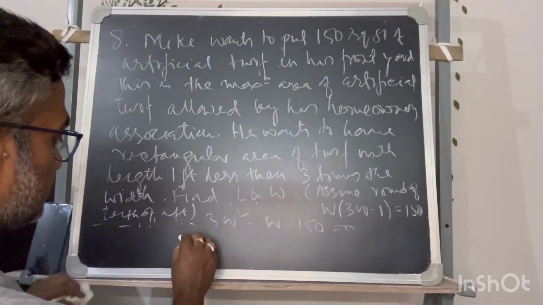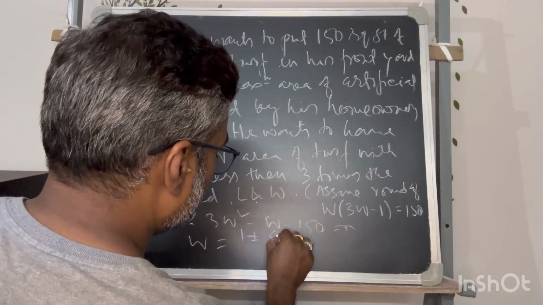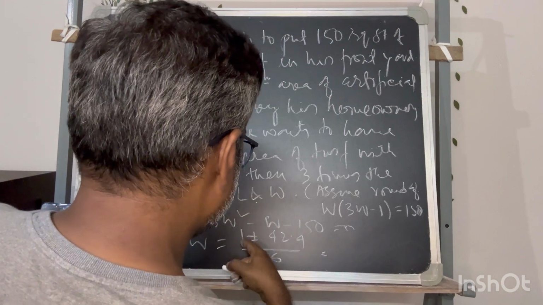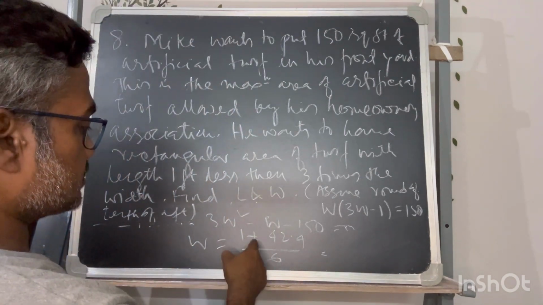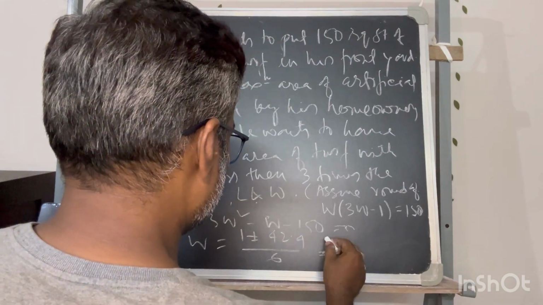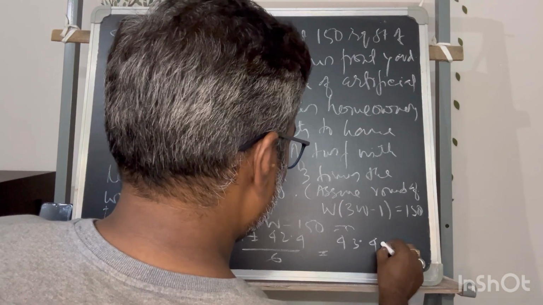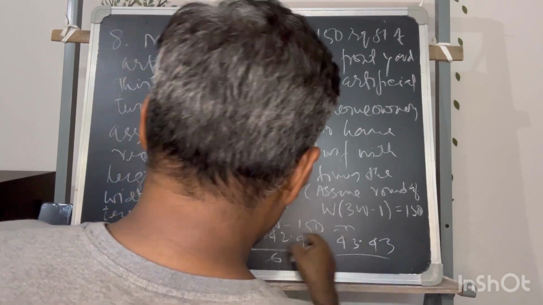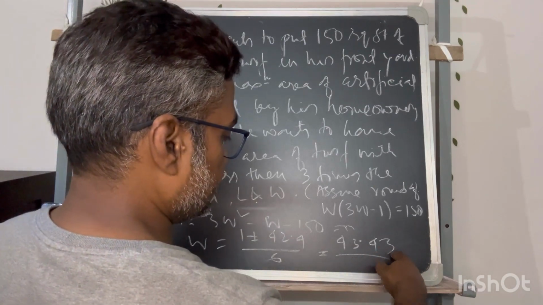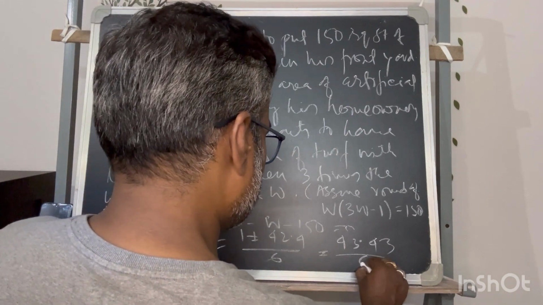So the W will come 1 plus or minus 42.4 by 6. If you take minus, this whole result will be minus, so you need not take minus, you have to take plus. So this will be 43.4. If you go for the higher order, while doing the square root, we have got the second number after the decimal as 3, so you can take up to that.